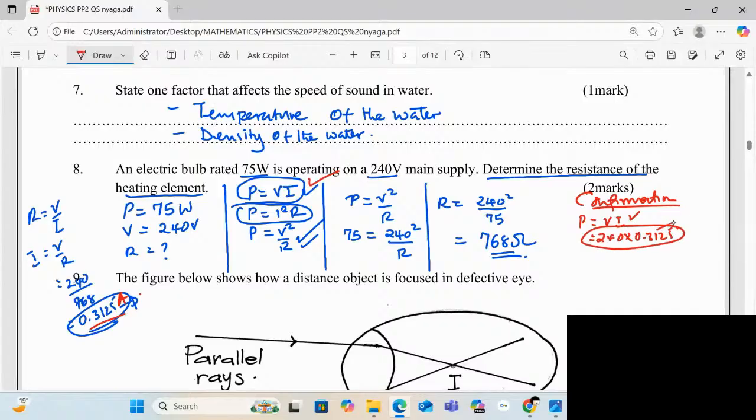We are still going to get 75. And if we use the second formula, P is equals to I squared R, that is 0.3125 squared, times resistance of 768, then we still get 75 watts. So it is correct in that manner.